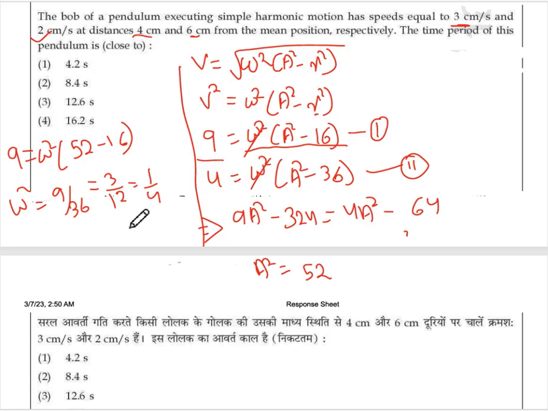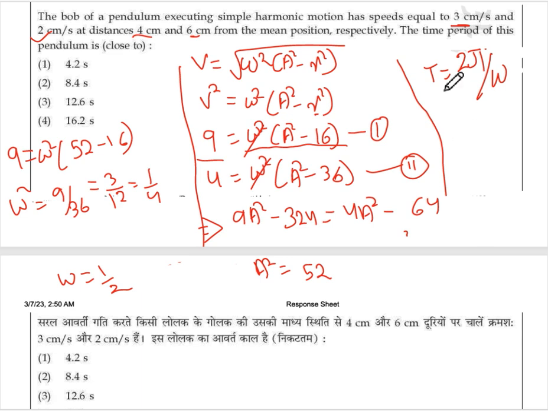So now our omega will become 1 by 2, taking the positive value. Now time period is asked, and the time period formula is 2 pi by omega.